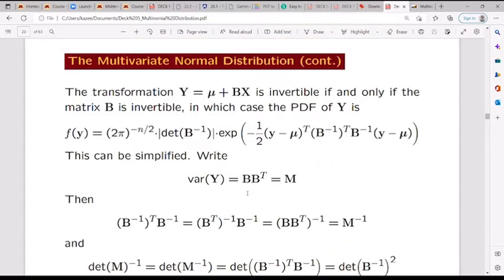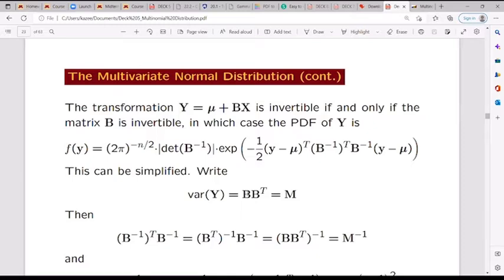Now, if I want to apply that to the normal, the transformation y equals mu plus bs has to be invertible. The only way it is invertible is if and only if the matrix B is invertible. That is the only way the whole thing is going to be invertible.